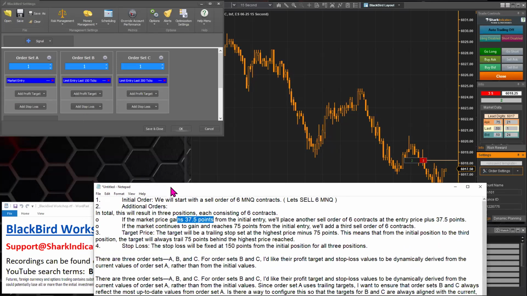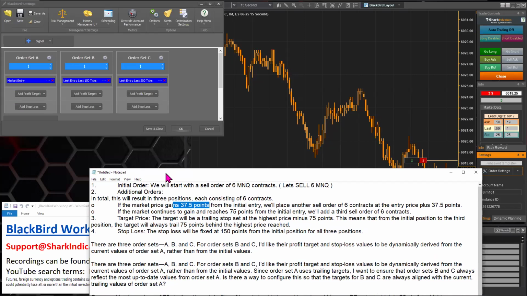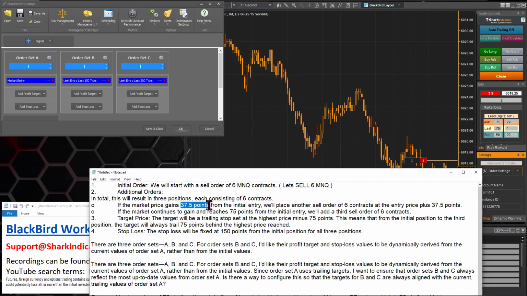All right, so that's part 1, setting up our entry orders. We have our first scaling order, 37.5 points. Next scaling order is another 37.5 points past that.